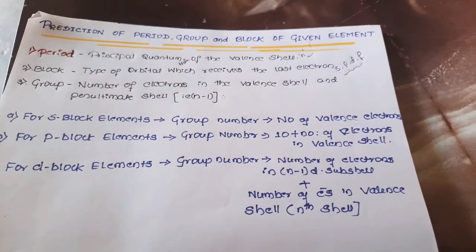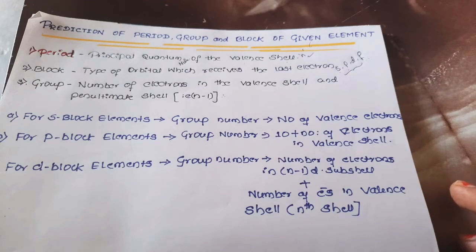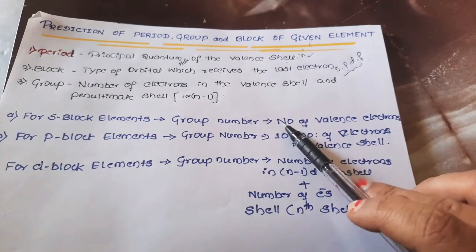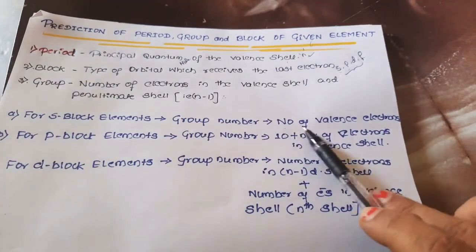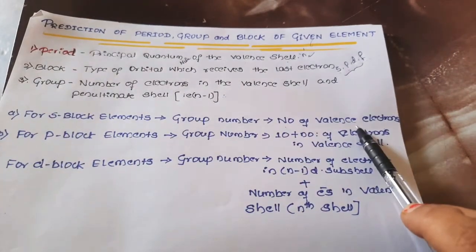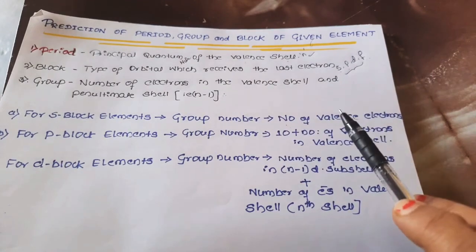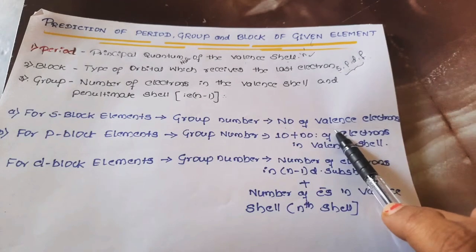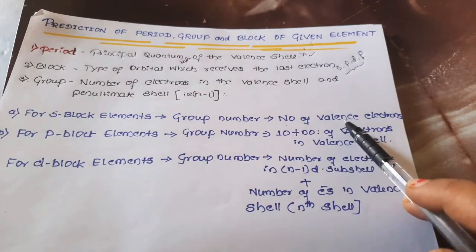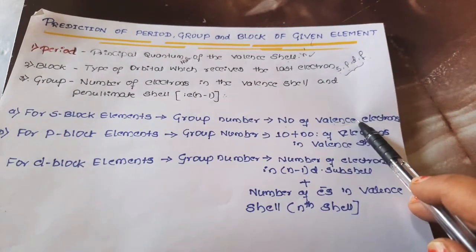When the atomic number is given and you write the electronic configuration, you observe the number of valency electrons. That decides whether it is a first group or second group element, an S block element. We will apply this.